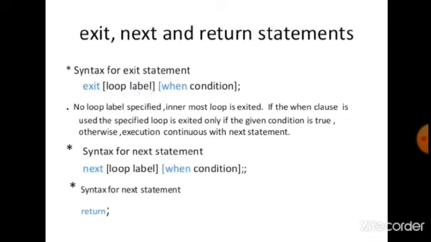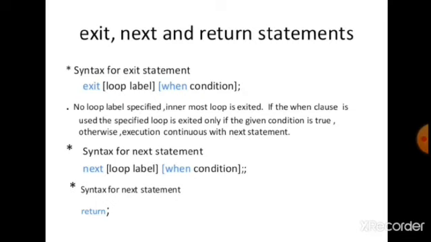Okay, let us see how this exit is going to work. Exit and the loop label. We already know what the loop label is, and then when and the condition.